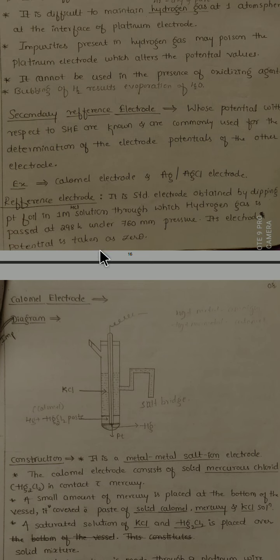Its electrode potential is taken as 0. So at these standard conditions, the temperature is maintained at 298 Kelvin, the pressure is 760 mm, the concentration of HCl is 1 molar, and the potential is 0. This is the definition of the reference electrode.